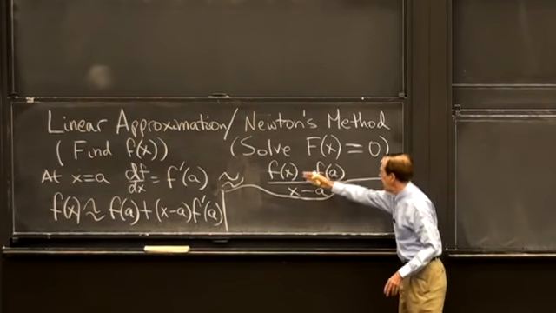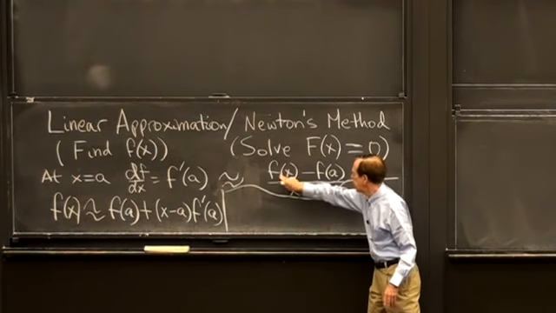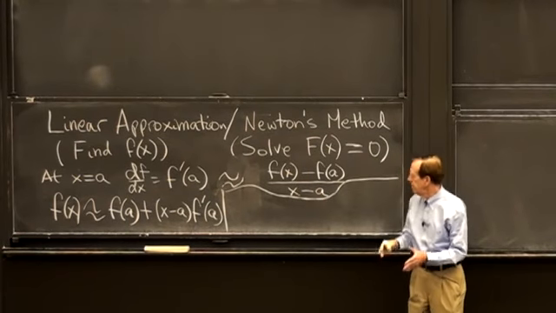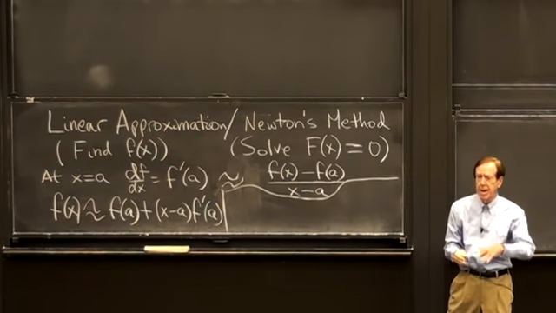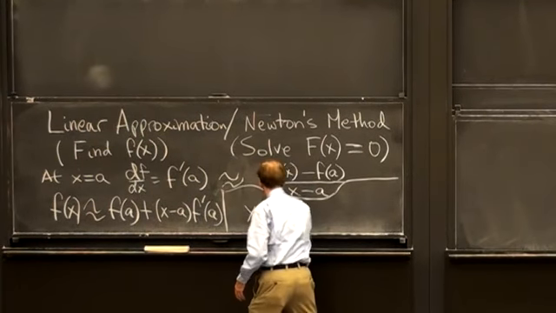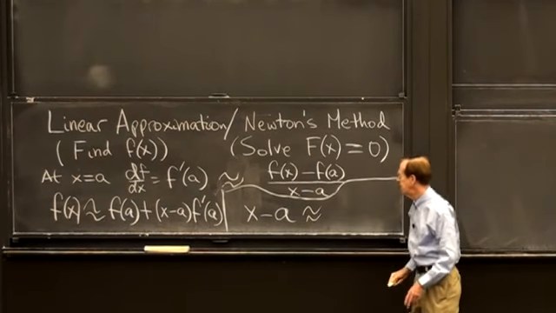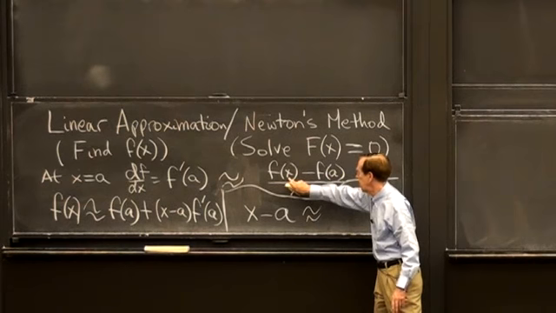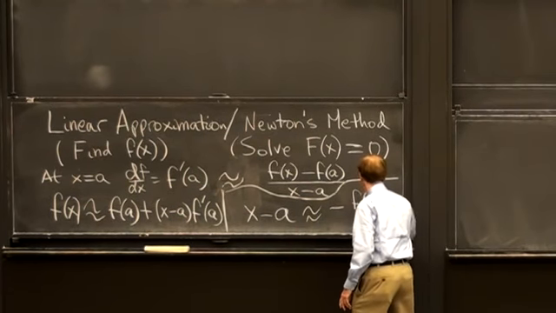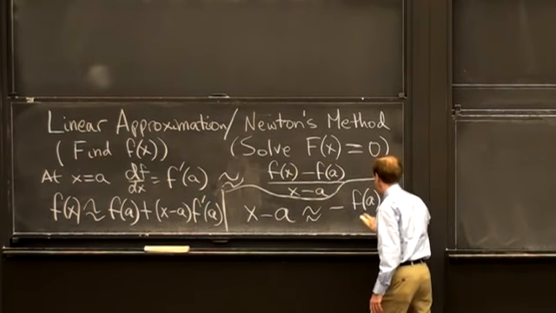So I'm going to use this with capital F. I know F of x should be 0, and x is the unknown. So can I just move that equation around again to get an equation? I'll bring the x minus a up as I did before. And I have to use an approximation sign, as always. The F of x is 0. So I have minus F of a. And then I'm dividing by F prime of a.